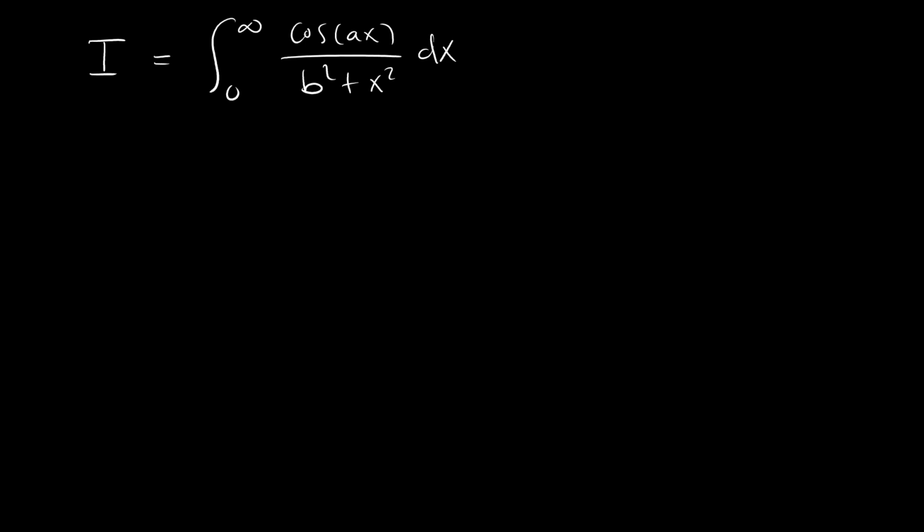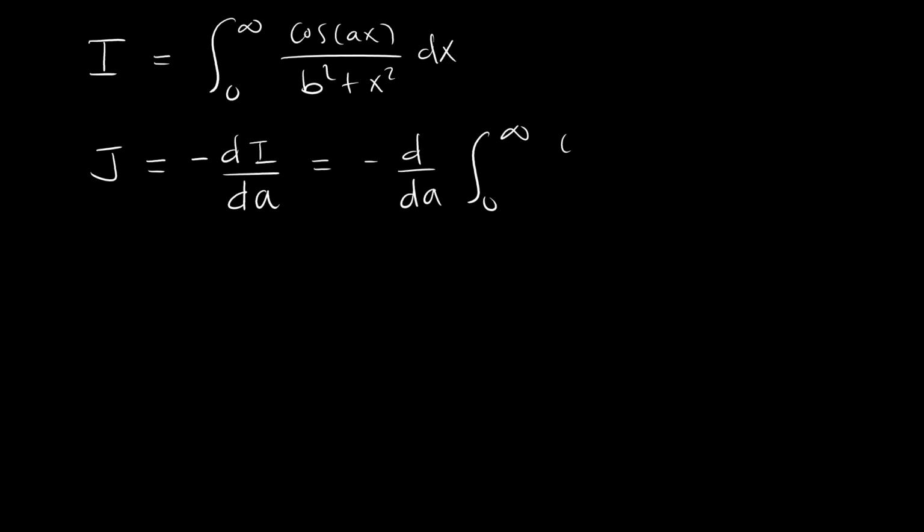We'll name the second problem that we derive from I as the negative of the derivative of I with respect to lowercase a, which is the negative derivative with respect to a of the integral from 0 to infinity of cosine of ax over b squared plus x squared.